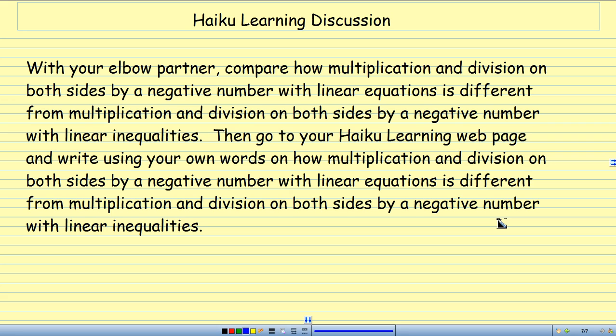Then you need to go to your Haiku Learning webpage and write, using your own words, how they are different. Okay? So basically what you're going to do is talk about the direction of the inequality, possibly shifting, switching.